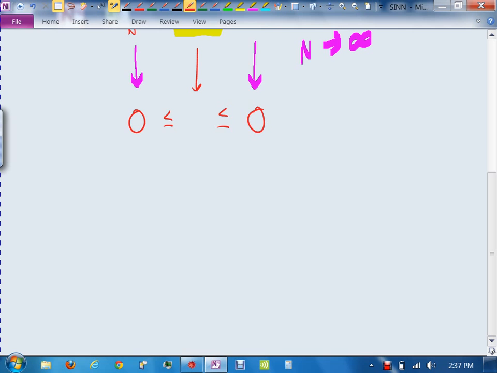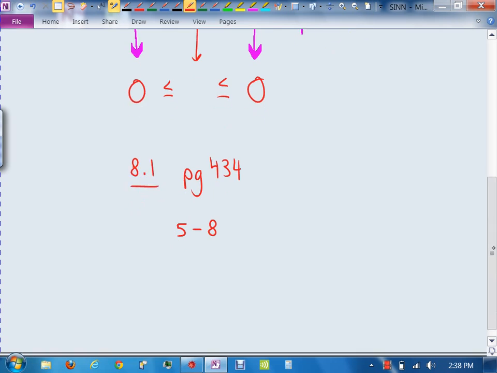So you have the homework for the surfaces of revolution. You have the reading assignment for 5.7. And then out of this one, this is from 8.1, page 434, numbers 5 through 8.